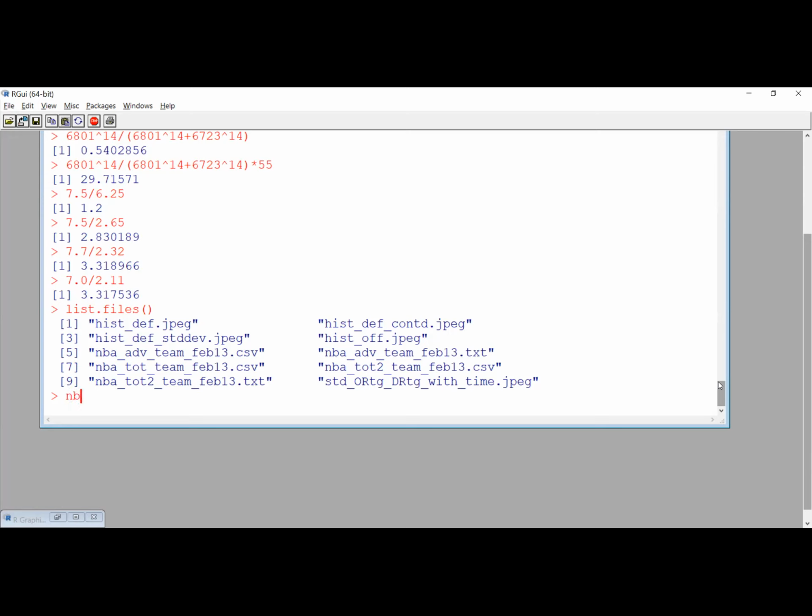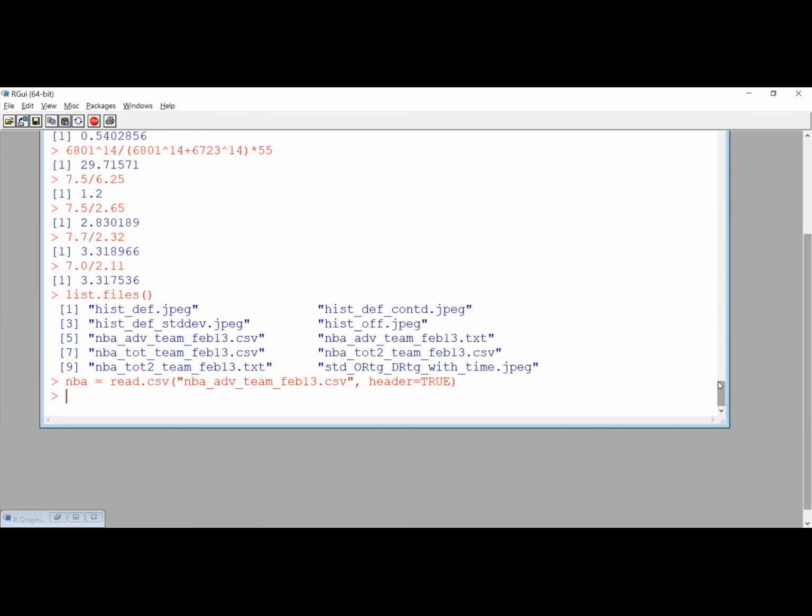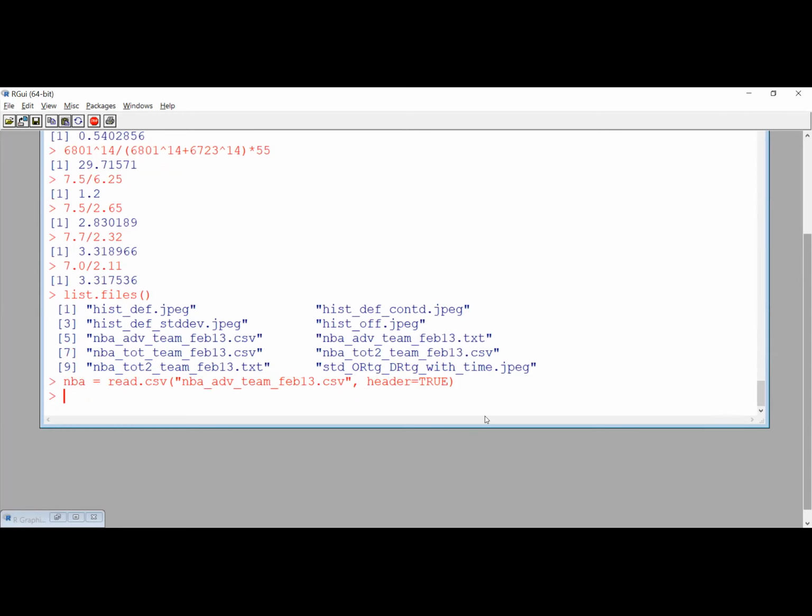Let's call it NBA equals read.csv and NBA add, CSV, header equals true. I hope this works. Okay, I think it's okay. So now we probably can super clean this up. So let's look just ahead of it.